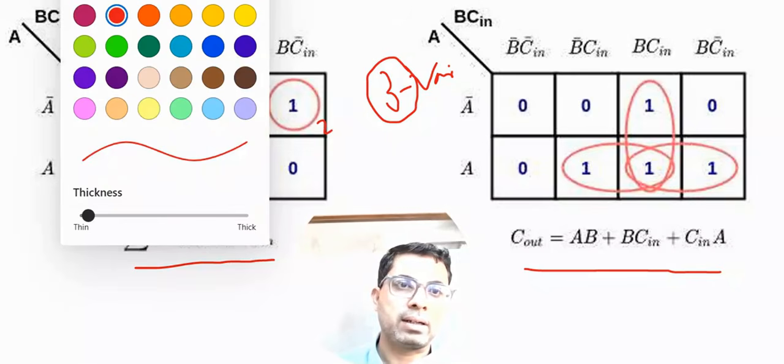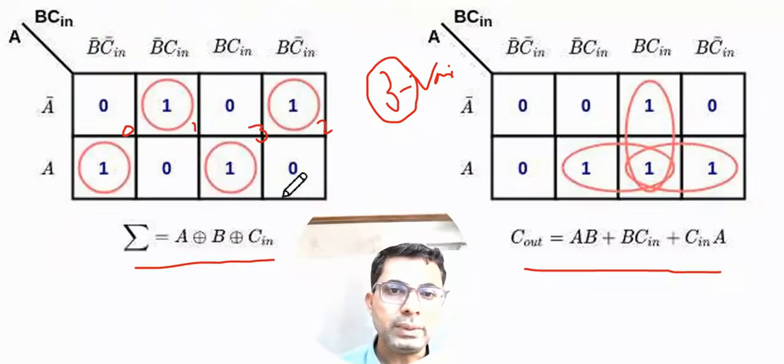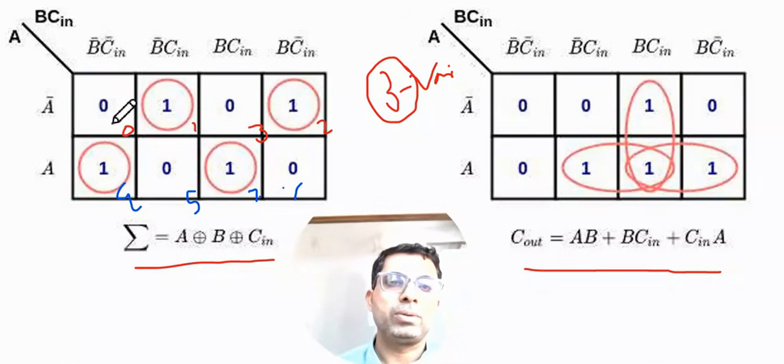Again I have told you in that lecture. Then 4, 5, 6 and 7, right? According to this, just put the values 0 1 1 0 1 0 0 1, got it?